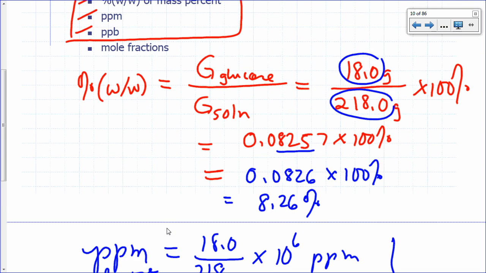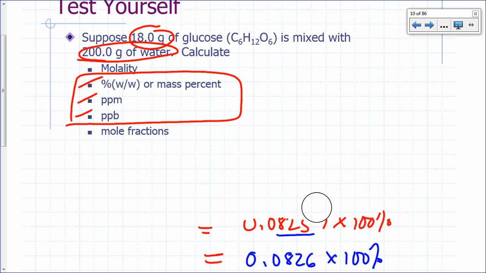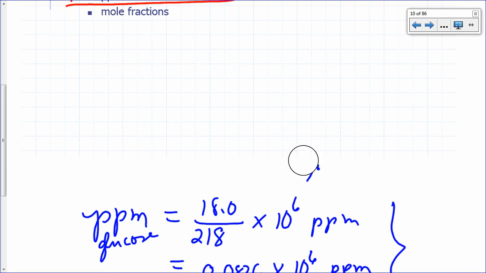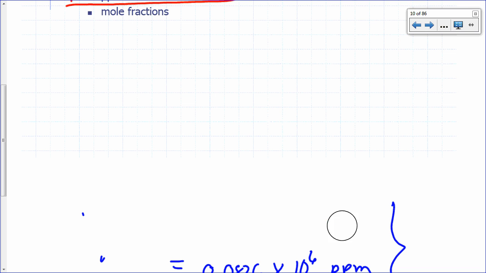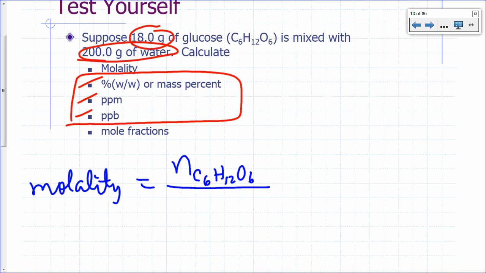Okay. How about molality? Let's do molality. Molality is defined as moles of solute. So in this case, our solute is glucose, C6H12O6, divided by the kilograms of your solvent, which in this case is water.